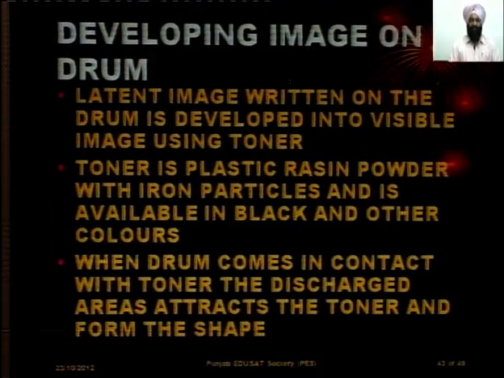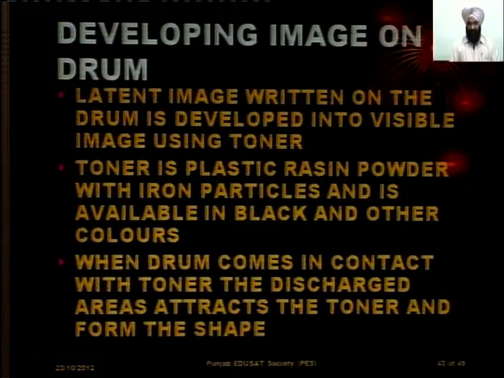Now, this latent image is to be developed on the drum. For developing the image on the drum, the image is developed into a visible image using the toner. The toner is basically the ink particle. It is a plastic resin powder with iron particles and is available in black and other colors.